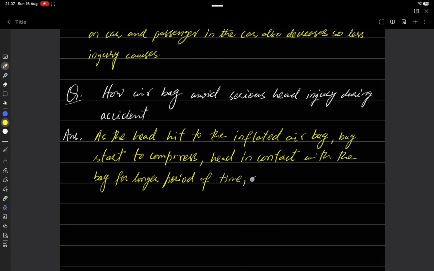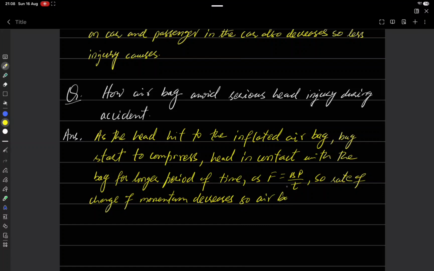As F is equal to delta P by T, the rate of change of momentum decreases. So the airbag exerts less force on the head.